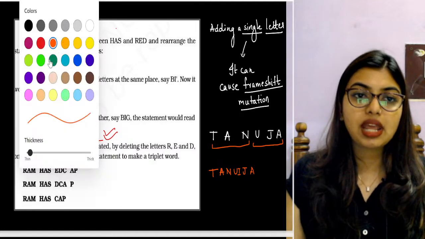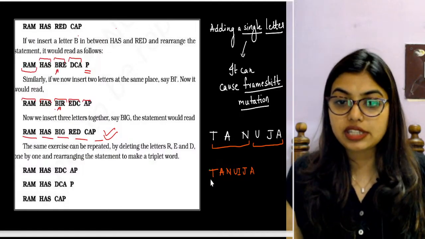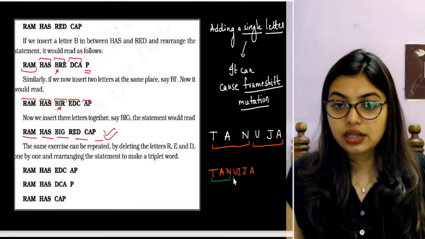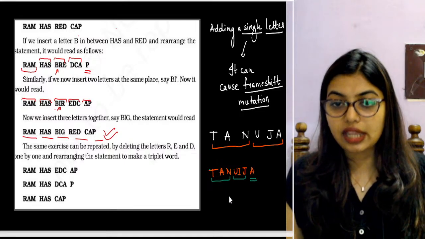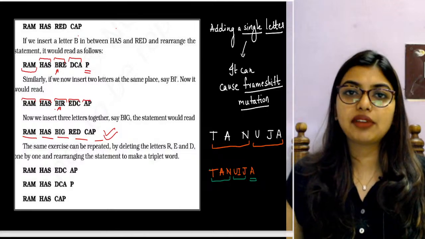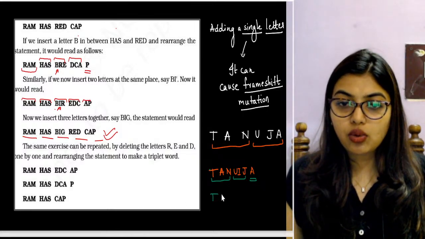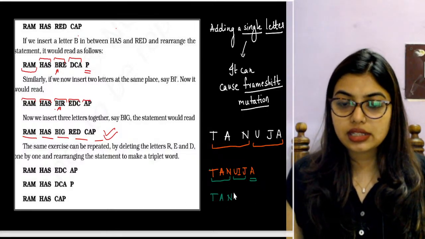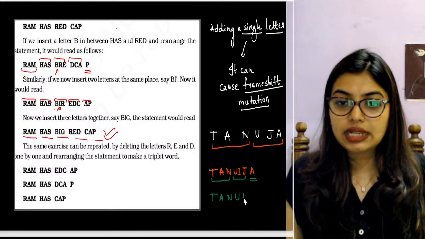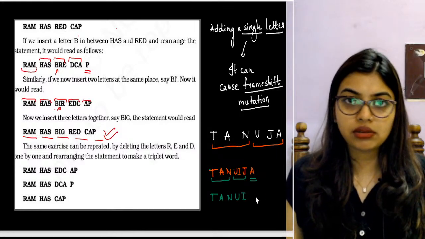Now what is going to happen? I'm not able to comfortably read this name because it's going to be Tan, Uj and A separate. So my reading frame has shifted. Again I go on to add. Let's say this is a name, so obviously we cannot land up in a good reading frame.